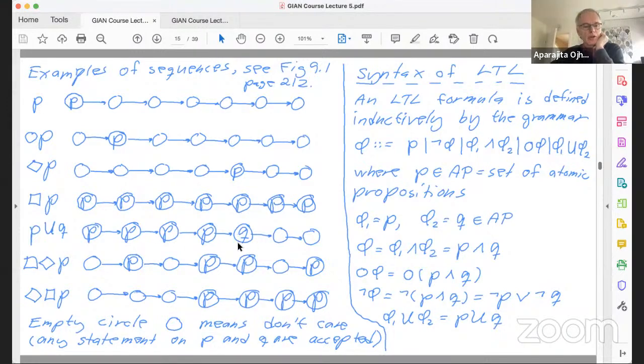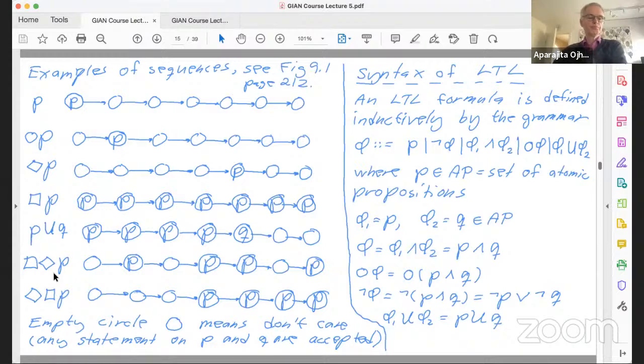So that's a bit harder than eventually P. As you can see, eventually P is actually a special case of this until, where instead of P until Q, you write true until Q. And that means true here, and then you can put anything here, and it's considered to be accepted.